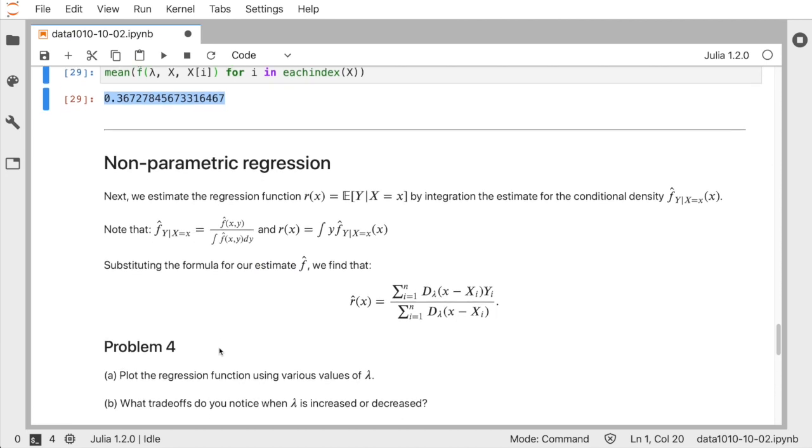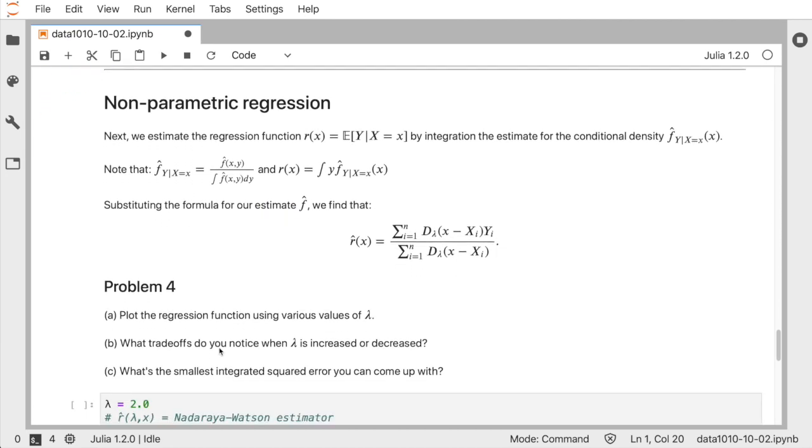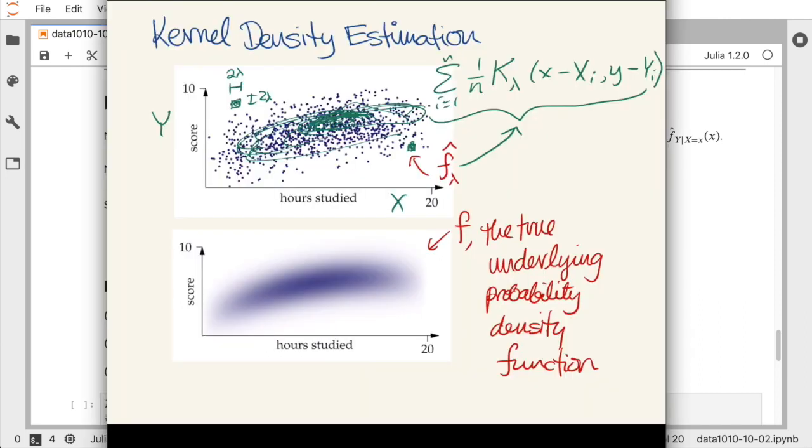So now let's think about how we would approximate the regression function. In other words, the function which tells us the conditional expectation of y given x. This is often what you're interested in if you want to make a decision. For example, in the context of our hours studied and the score we're going to get, we'd be interested in knowing not our exact score, because that's not going to be predictable, but the expected score given the number of hours that we studied.